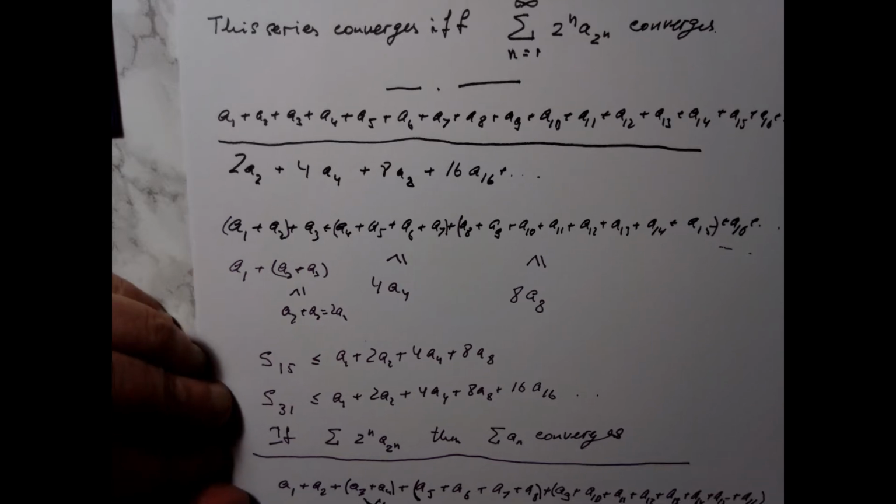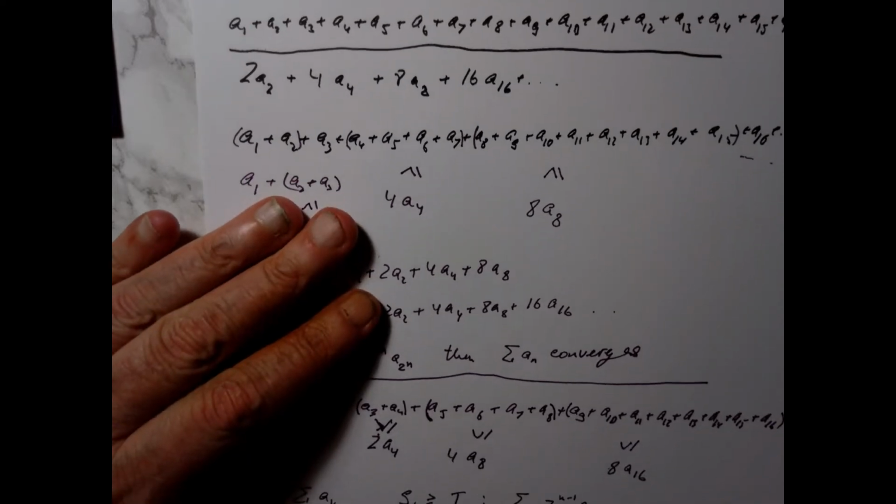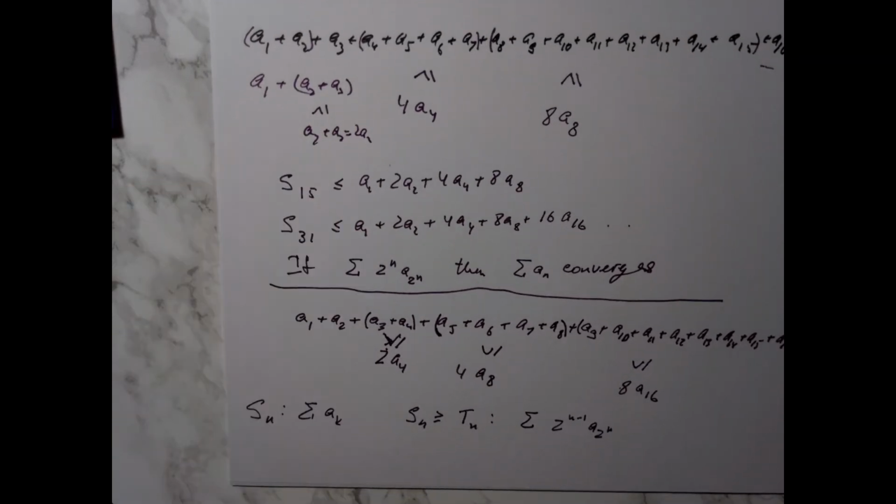Okay. So my point is that the partial sum of the series AK is greater or equal than the partial sums of the series sum of 2 to the n minus 1 A sub 2 to the n. So does this n minus 1 bother you at all?